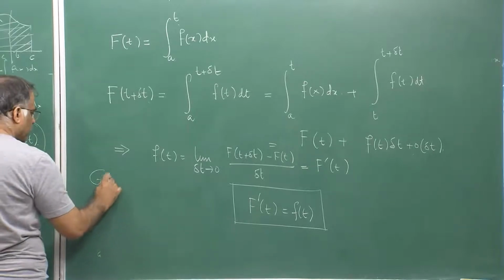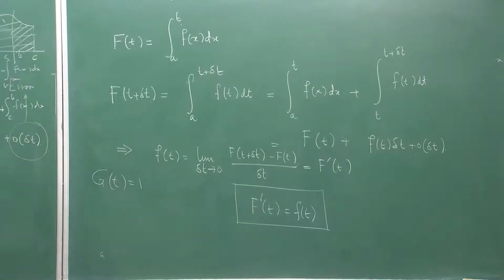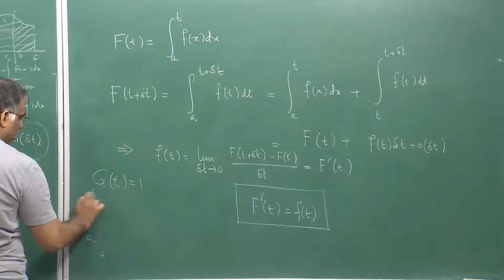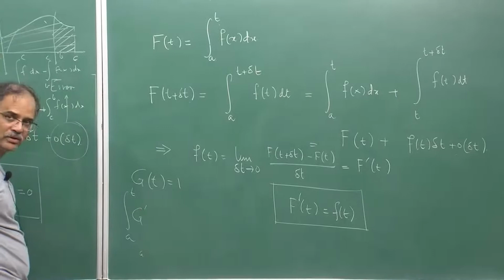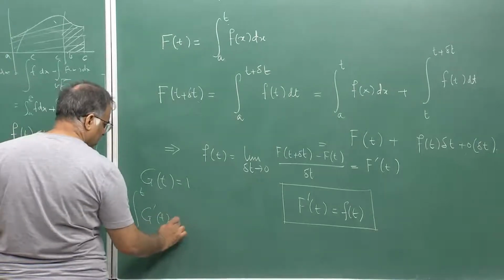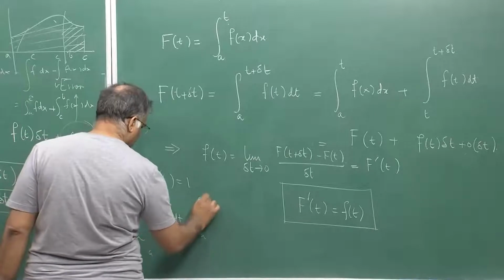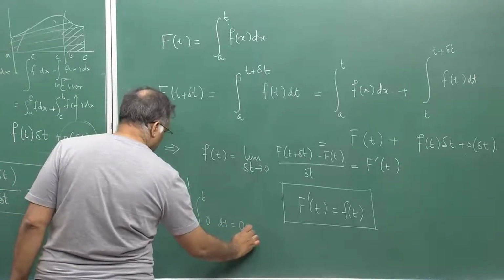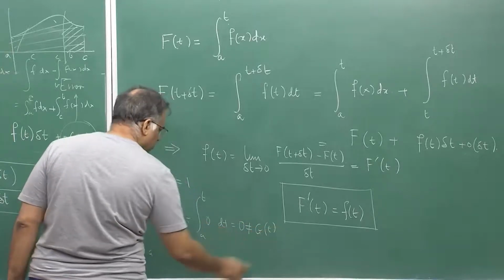So for example, I consider the function g of t equal to 1, a differentiable, continuous function. Let me take the integral from a to t of g dash t dt, the integral from a to t of 0 dt, which is 0, and it is not equal to g of t.